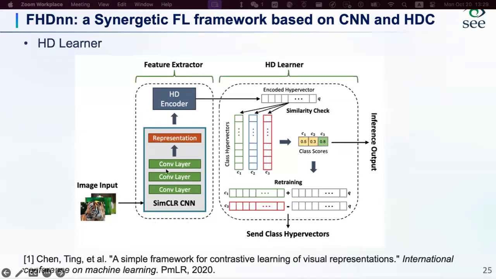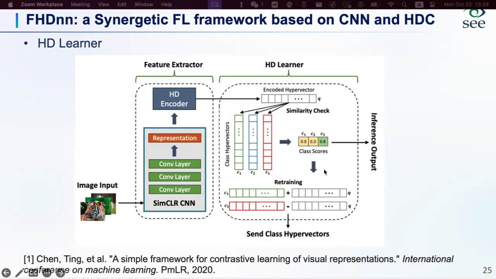After obtaining the feature representation, we use the HD encoder to transfer it to a hyperdimensional code. Then the HD learning uses the simple operations of binding and bundling to update this hyperdimensional vector.